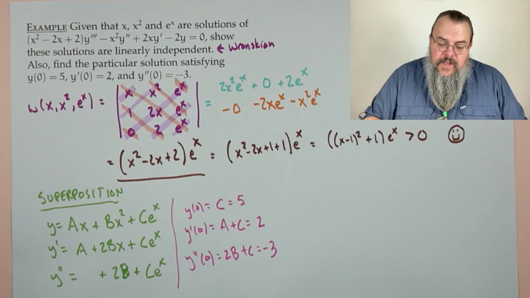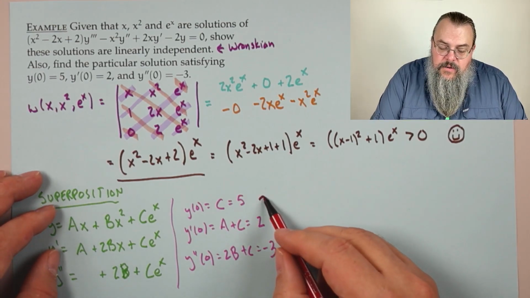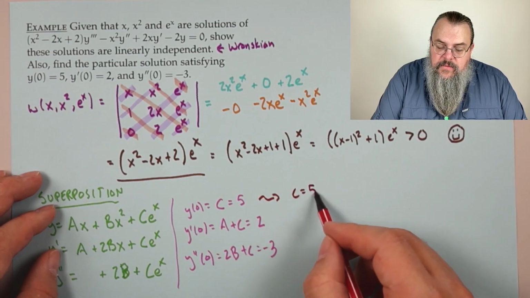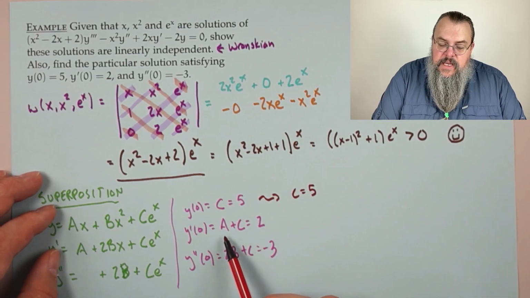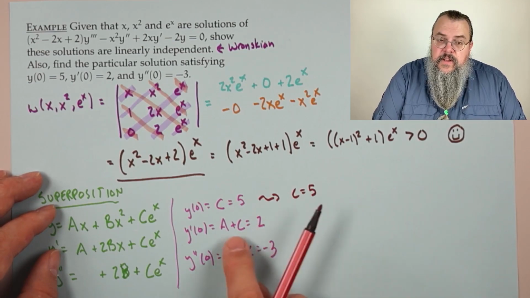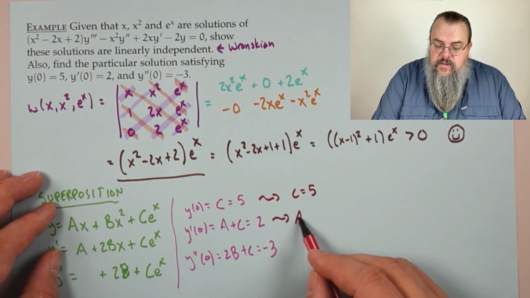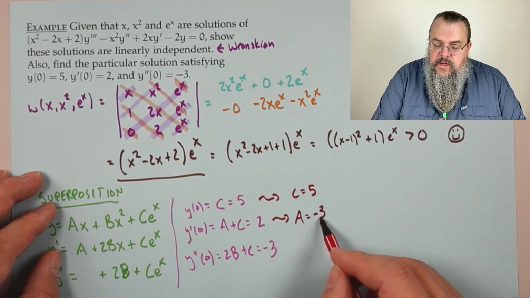You'll be fine. Now in our case, we're in pretty good shape because we say, oh, well look, C has to be 5. Then we're told that A plus C has to be 2. But we know that C is 5. So A plus 5 equals 2. So that tells us that A has to be negative 3.